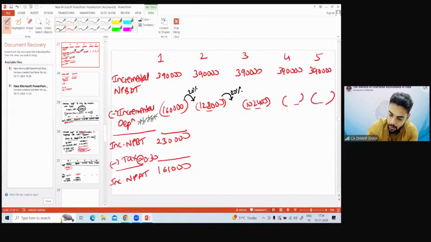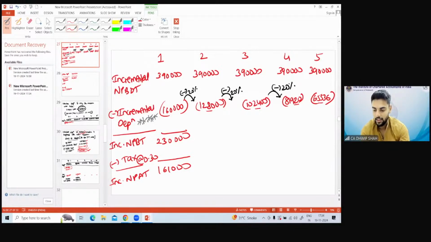You just keep on subtracting 20%. From this, again minus 20%. So 102,400 minus 20% would be 81,920. And for year 5, it would be 65,536. Okay? You just keep on subtracting.